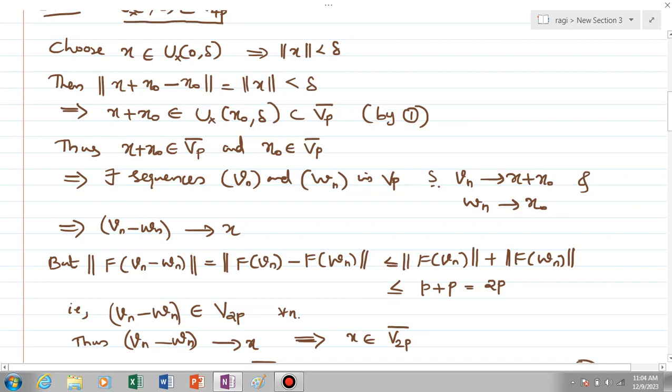So Vn minus Wn converges to x. But if we check norm of f of (Vn minus Wn), that is less than or equal to 2p. That means Vn minus Wn is an element of V2p. That means Vn minus Wn converges to x, which implies x is an element of V2p closure.